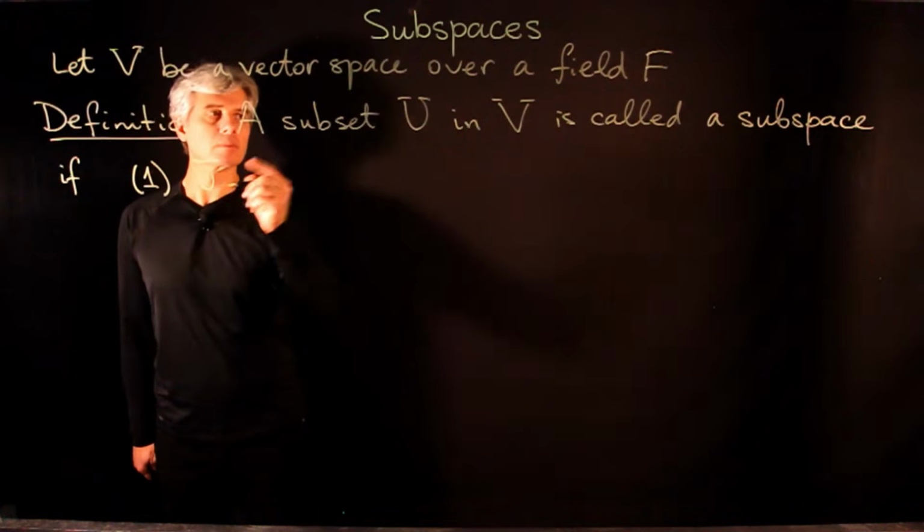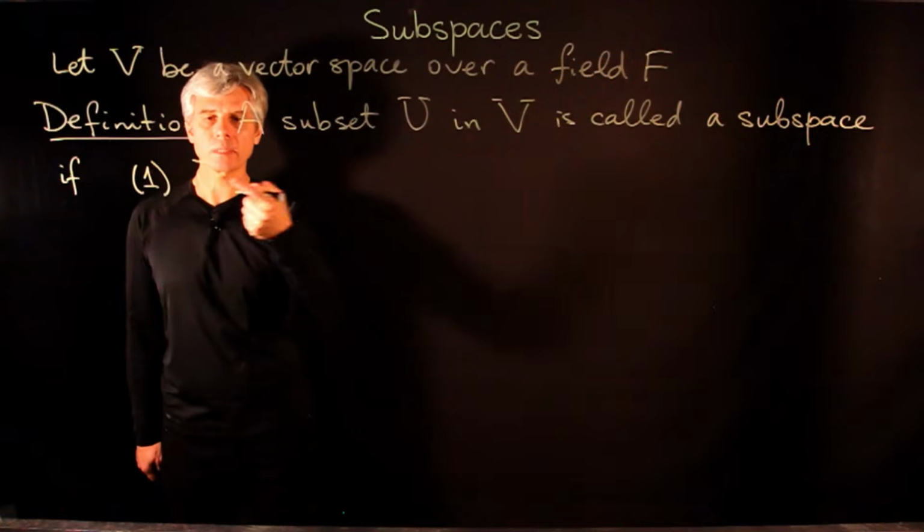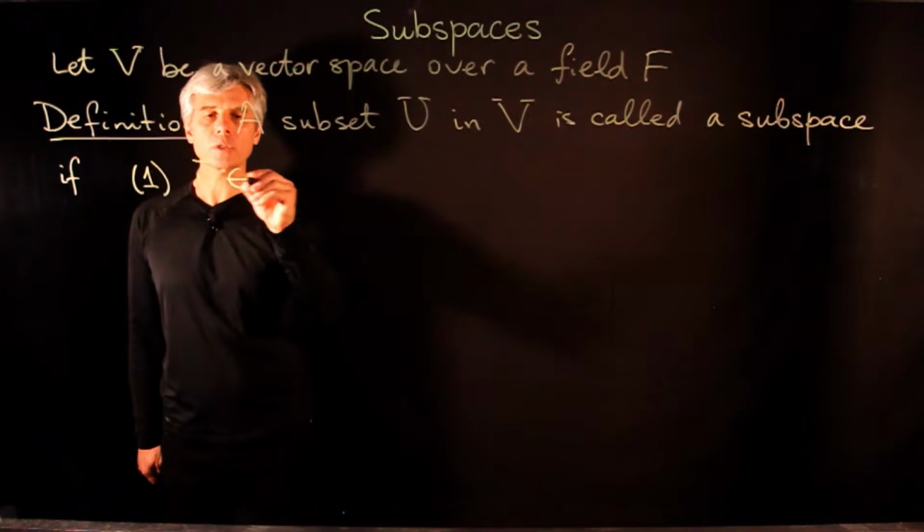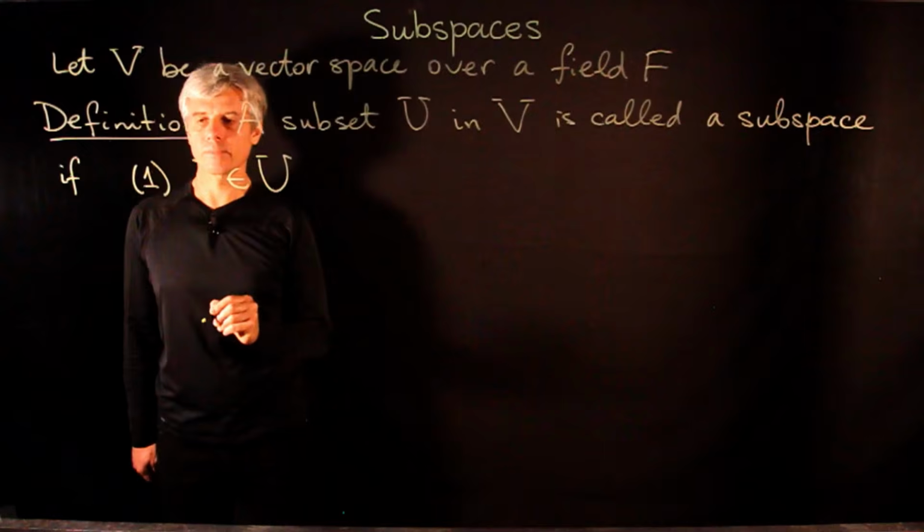Zero vector: well, V is a vector space, so it contains a zero vector, and it belongs to this subset U.